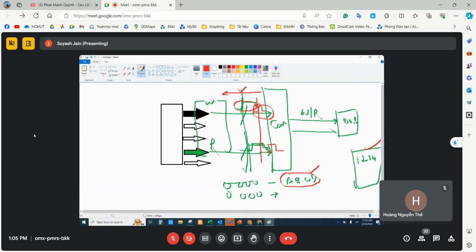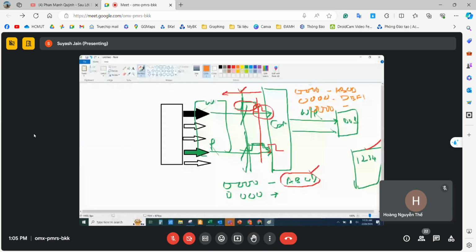Talking about WAW, it is write after write. From the master, if you're sending address 0000 with a value of ABCD, then you again send 0000 with a value of, suppose, DEF1. And then again you are reading 0000.